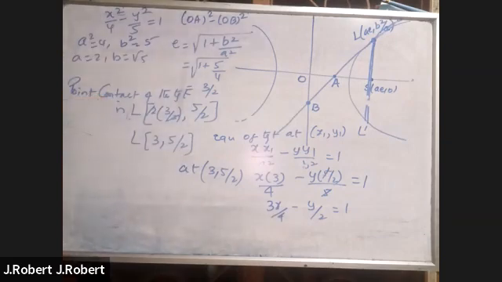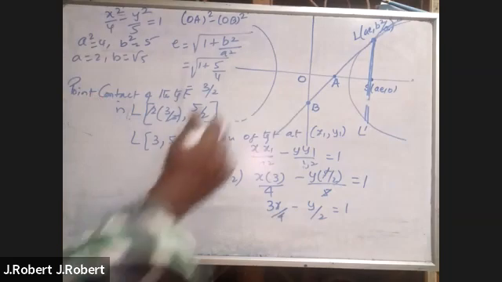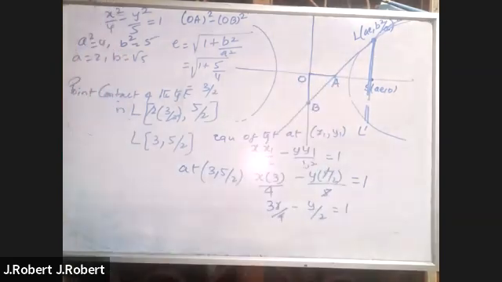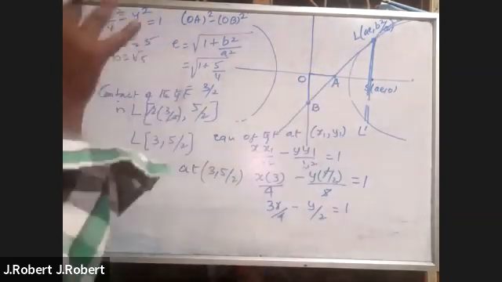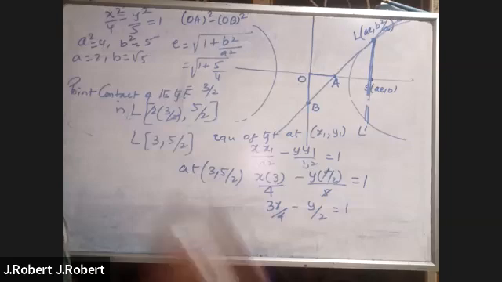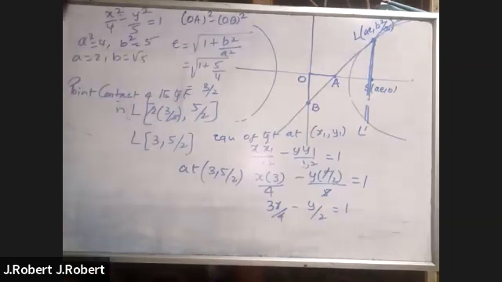Now, how are we going to find OA and OB? OA is the x-intercept and OB is the y-intercept. We are converting this equation into intercept form. The intercept form should be x by a plus y by b equals 1. Then immediately I can say the x-intercept is a and the y-intercept is b.